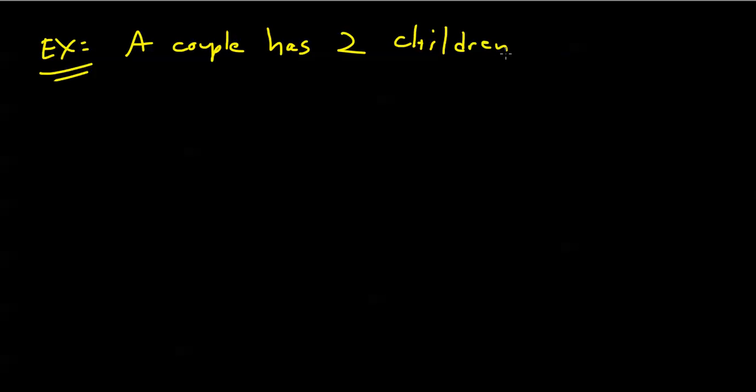All right, this one's not out of the book, so I guess it's kind of included in a homework problem in another way. Let's write this out here. Example: a couple. Let's suppose a couple has 2 children. I'm not going to ask you for probability yet.